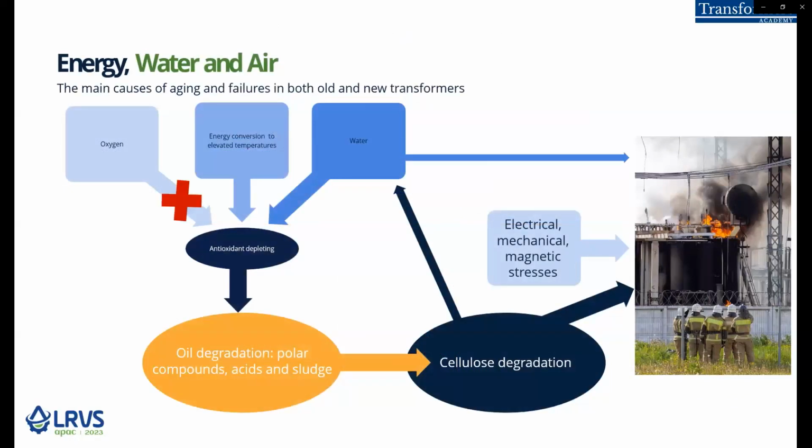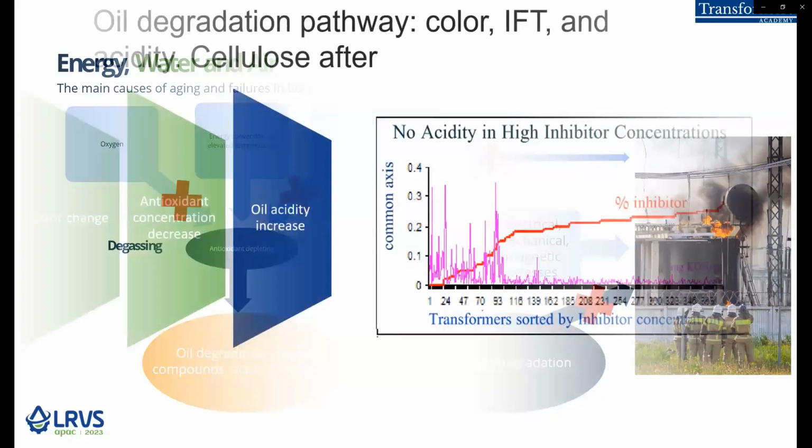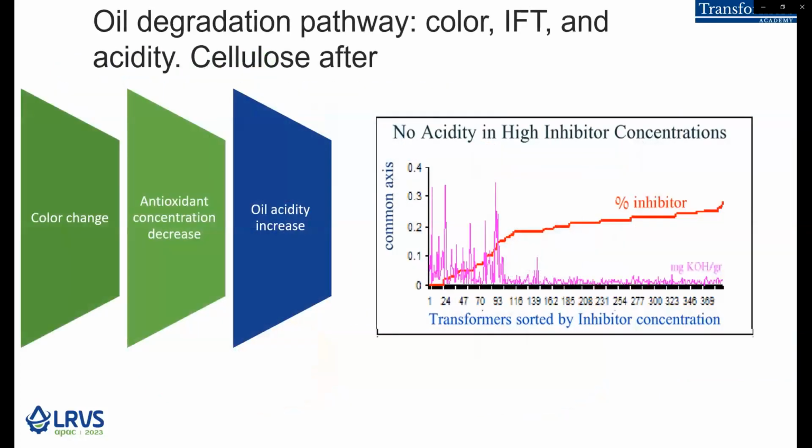What caused the transformer failure or aging before the normal lifetime of power transformers, which is normally more than 50 years? These are energy, water, and air.